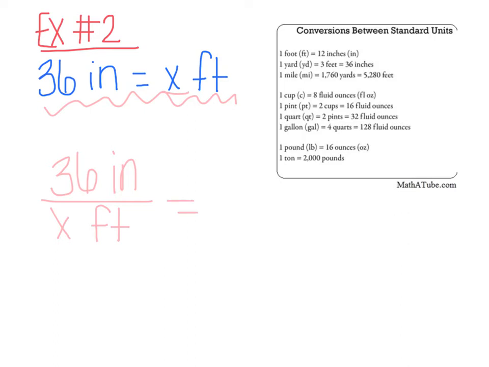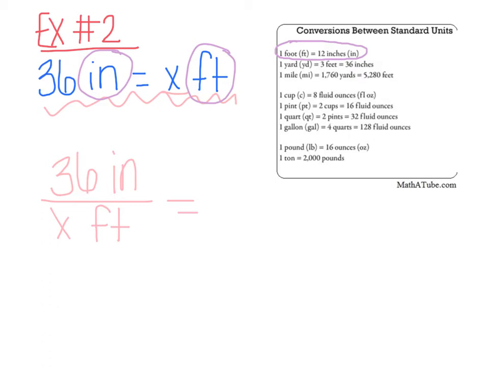Equals, now I have to look at my chart and find the comparison between inches and feet. So I see up here 1 foot equals 12 inches. So that is the second fraction, the second part of my proportion.